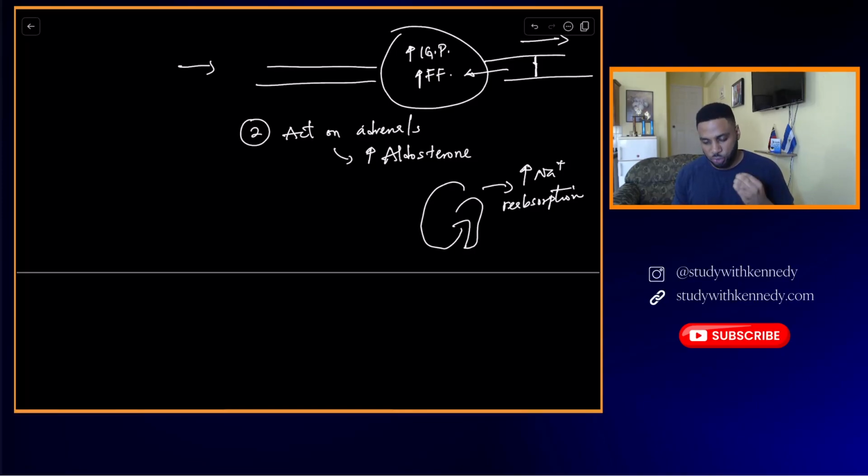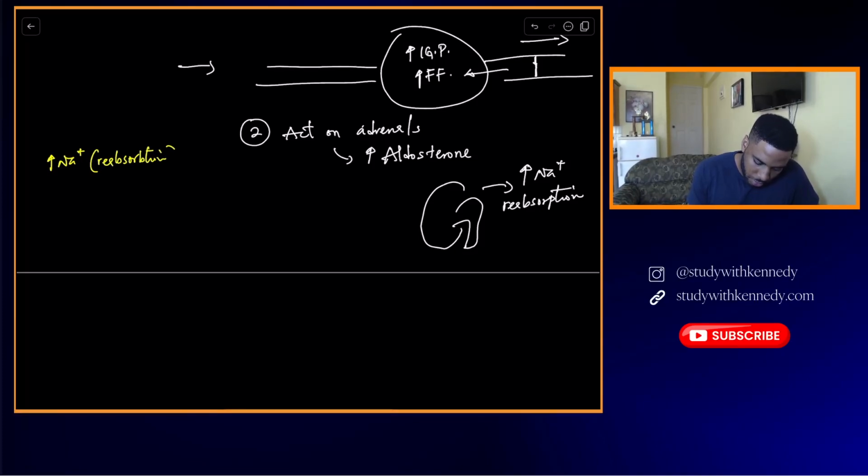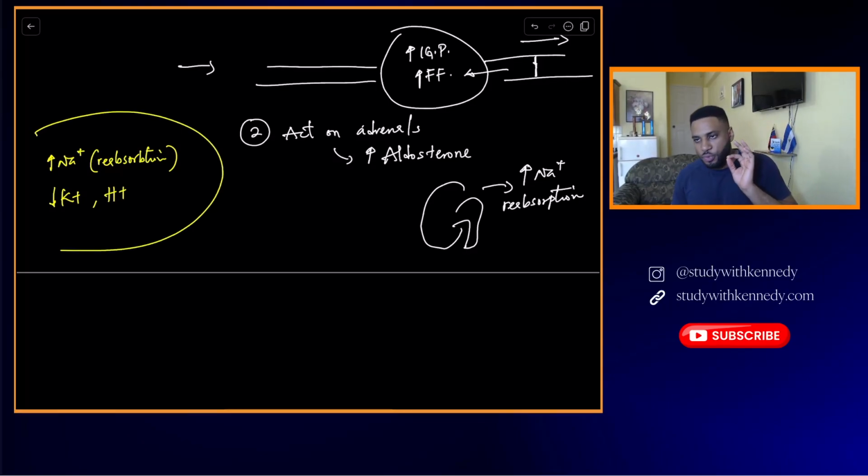and bring it back to normal. And this brings us to our first USMLE integration here. What are they going to ask you? You want to remember that whenever you reabsorb sodium, you lose potassium ion and hydrogen ion.